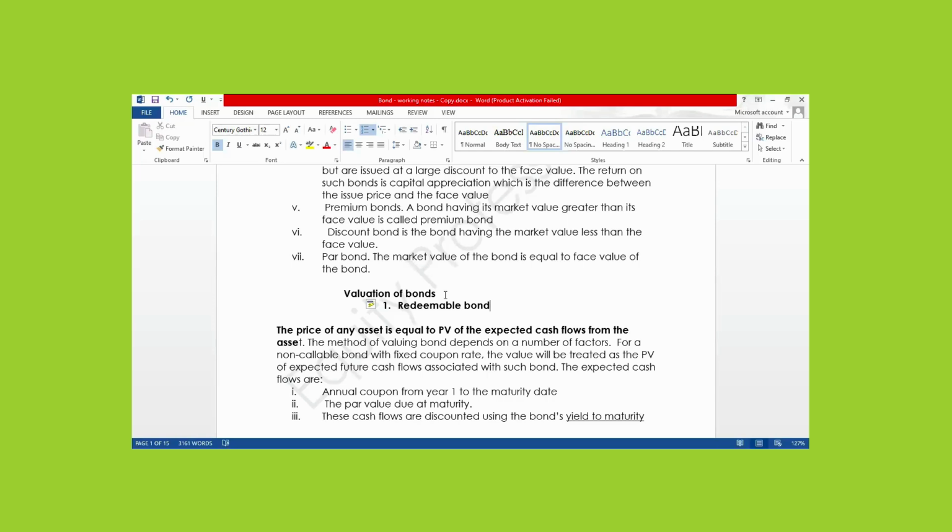The expected cash flows include: 1, the annual interest from year 1 to maturity.